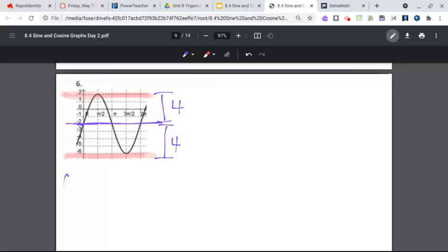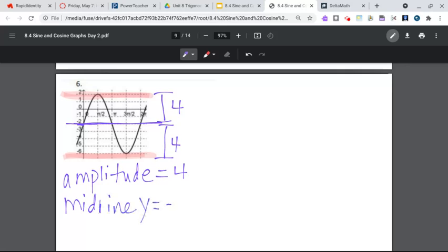So our amplitude is 4. Okay, our amplitude is 4. Our midline equation is y equals negative 2.